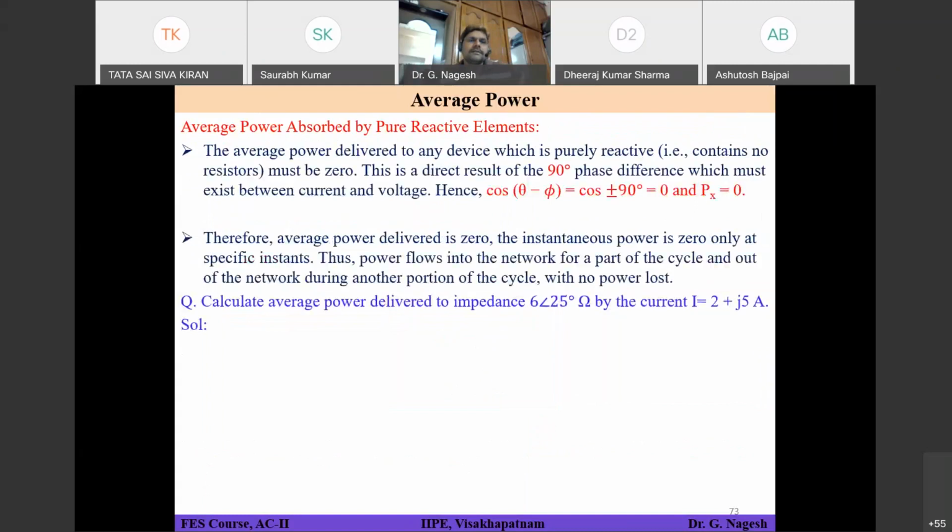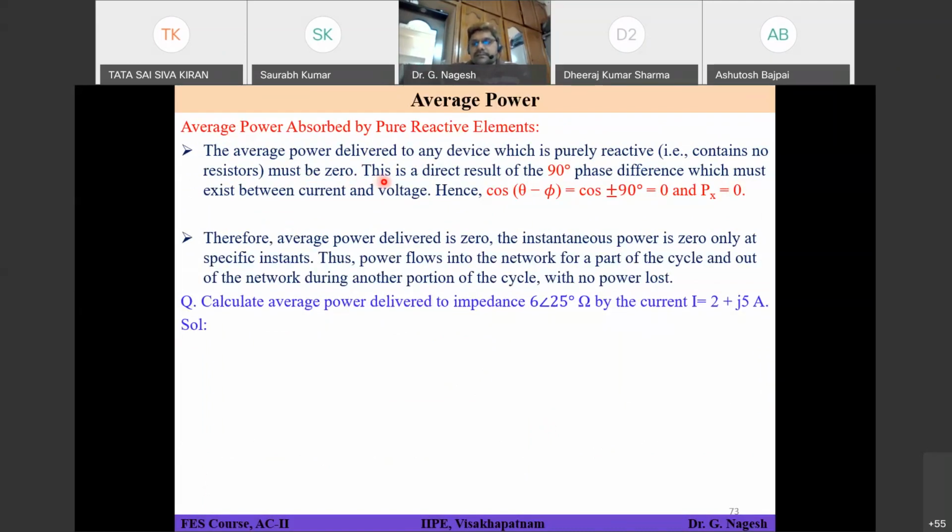Right. So that is the average power absorbed by the pure resistor. The average power delivered to any device which is purely reactive, that contains no resistor, must be 0. Why? You have seen that the average power formula is Vm Im by 2 into cos of (theta minus phi).